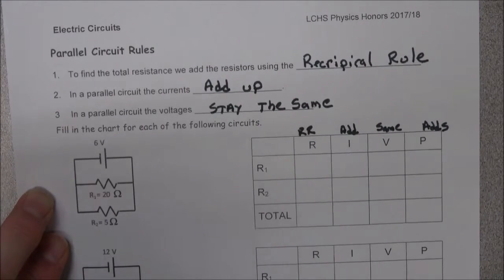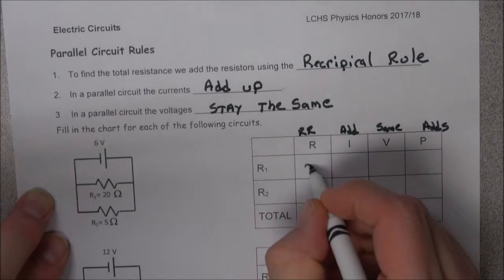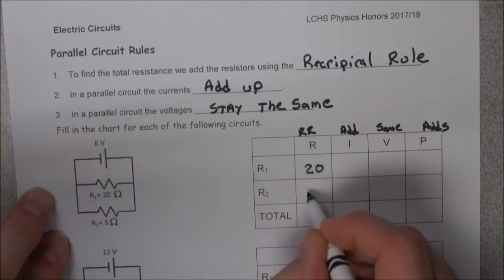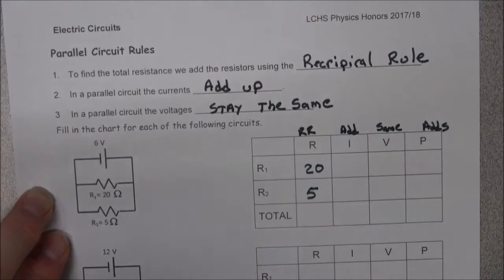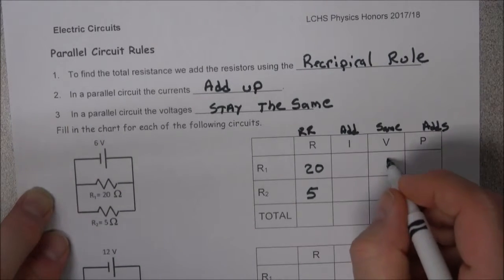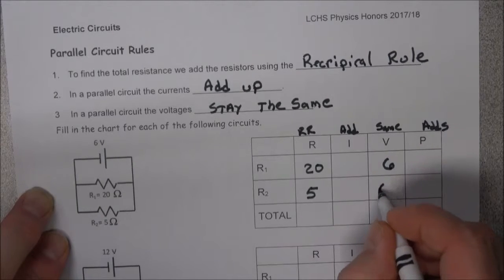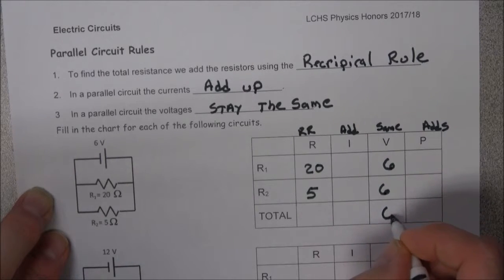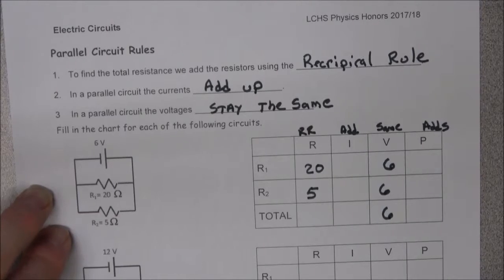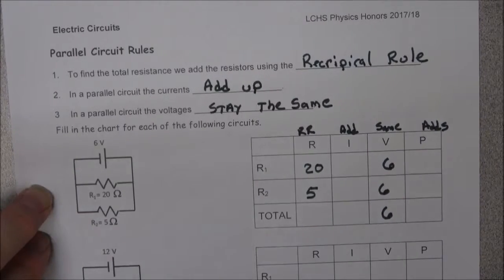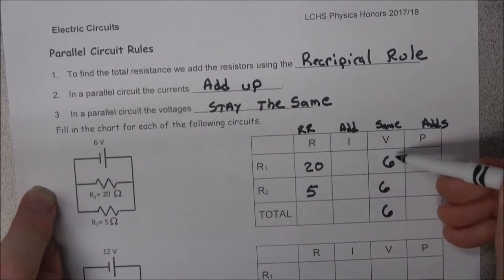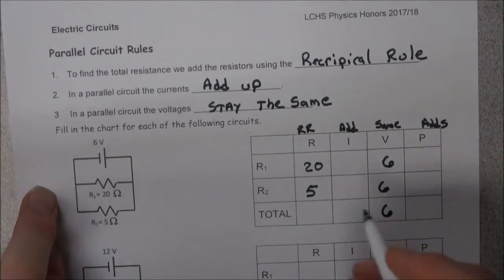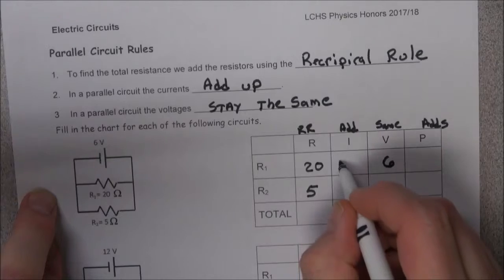So here we have an example. We have a 20 ohm resistor and a 5 ohm. So we have 20 and 5. We have 6 volts, so we know that it's 6 volts everywhere. And so let's solve what we can. So our current for R1 is going to be 6 volts divided by 20, which is 0.3.